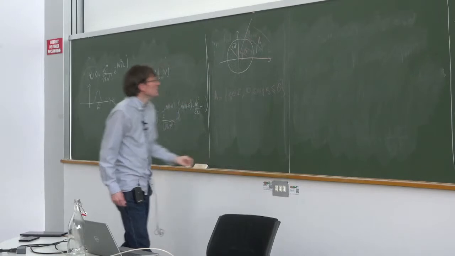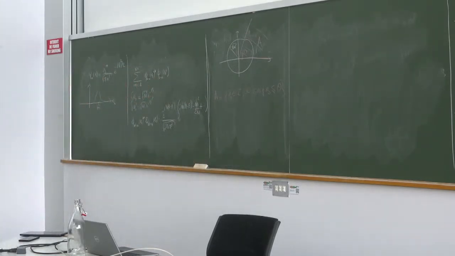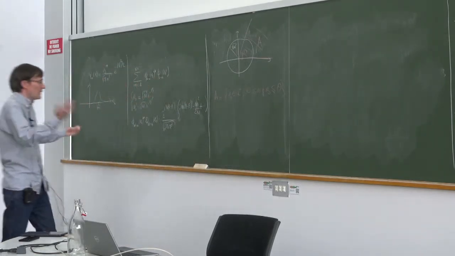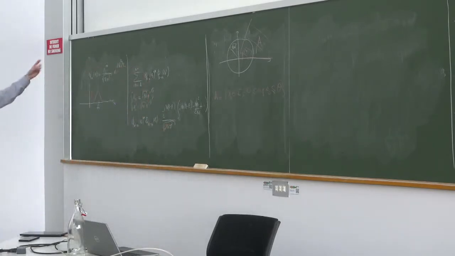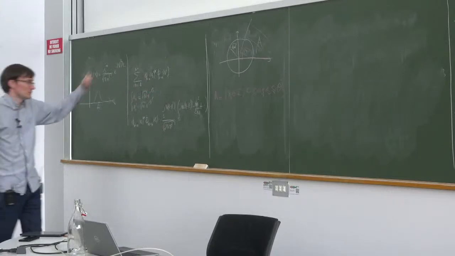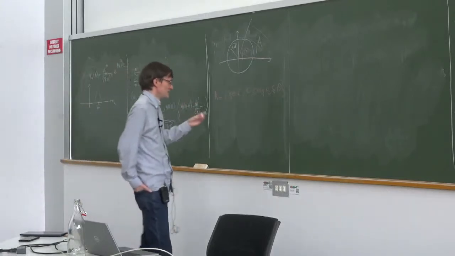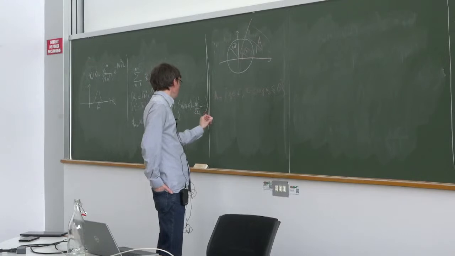And you can study counting statistics in this problem. There are many related problems. Actually, our motivation was not even counting statistics. It was more entanglement entropy, but those are more complicated versions of the same thing.